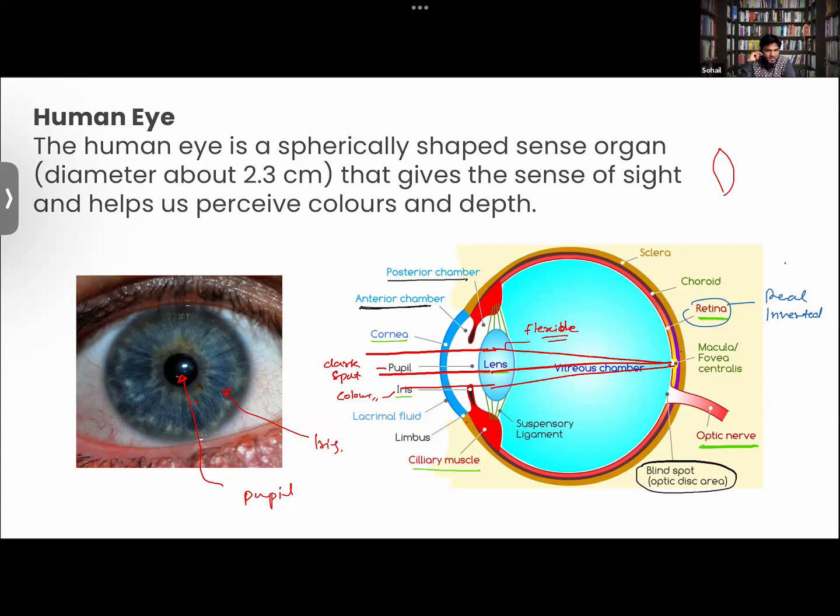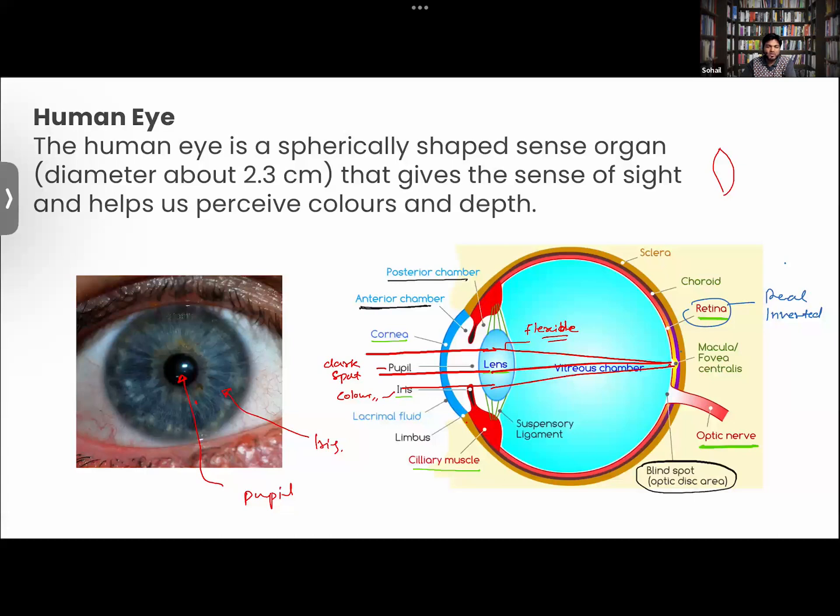And then, Moz, what is the function of the ciliary muscles? What function is performed by the ciliary muscles? Here you can see the ciliary muscles which are holding the lens. What is the function of the ciliary muscles? First function is basically what?